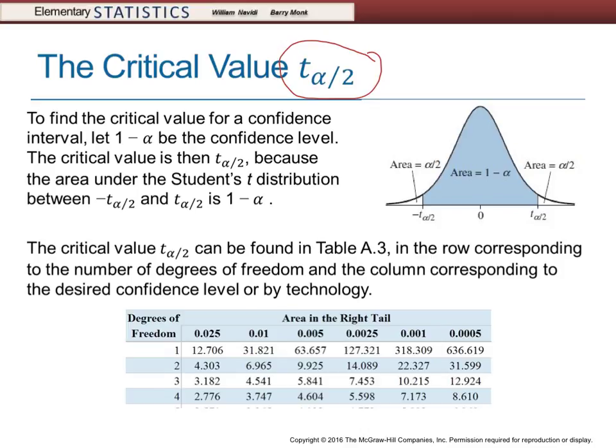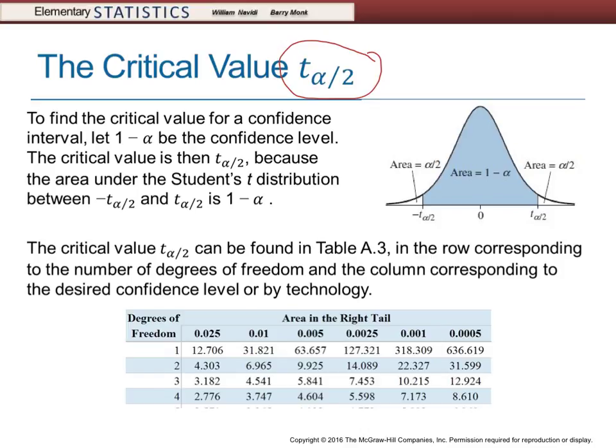The critical value t alpha over 2 can be found in table A3, in the row corresponding to the number of degrees of freedom and the column corresponding to the desired confidence level, or by technology.